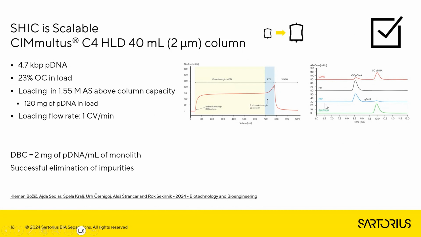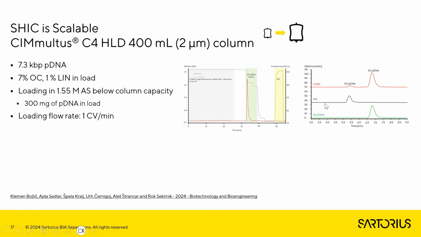But we went further to a pilot scale, to 400 ml column with a bit larger plasmid, which was 7.3 kilobase pairs. It had some open circular and also some linear isoform in load.